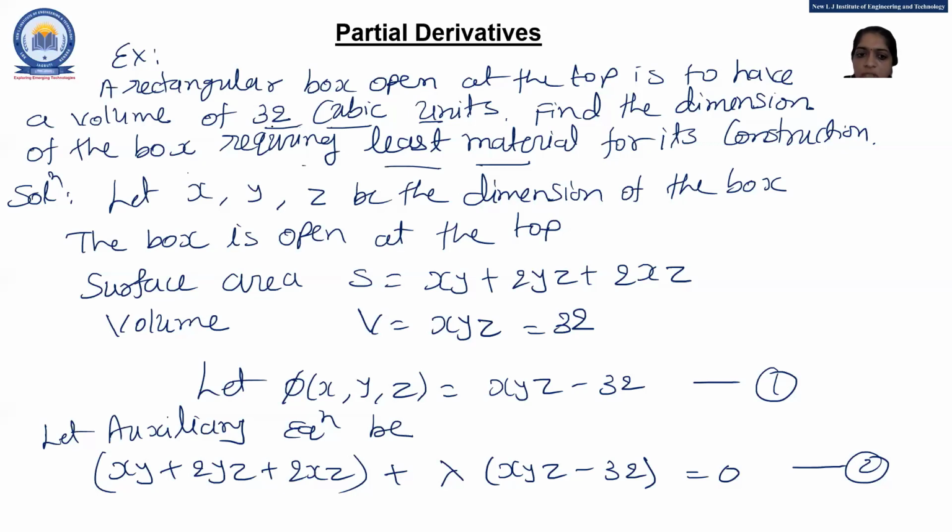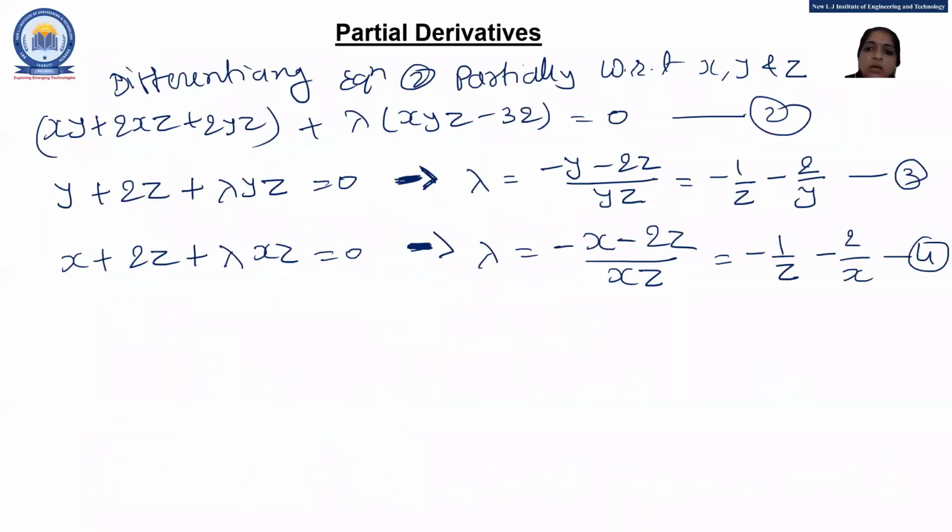As per the dimension, your surface area is not your constraint, it depends on the dimension. So this is your f of xyz. What is your constraint is your phi of xyz, and what you want to find the extreme value of is your f of xyz.